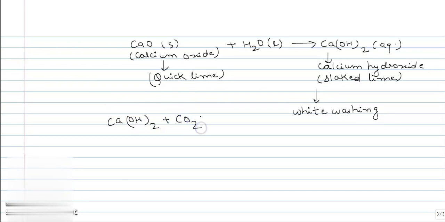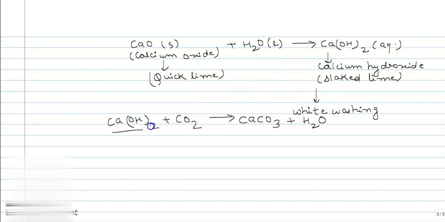There are different gases present in the atmosphere, right? So this slaked lime, Ca(OH)2, reacts with CO2 to give calcium carbonate. That layer of calcium carbonate gives a shiny finish. So it forms CaCO3 plus water.